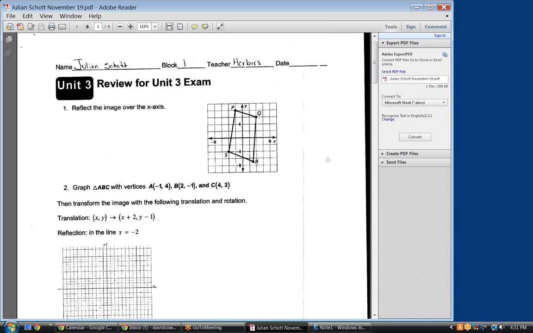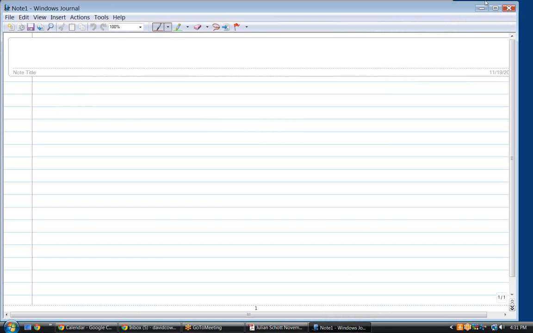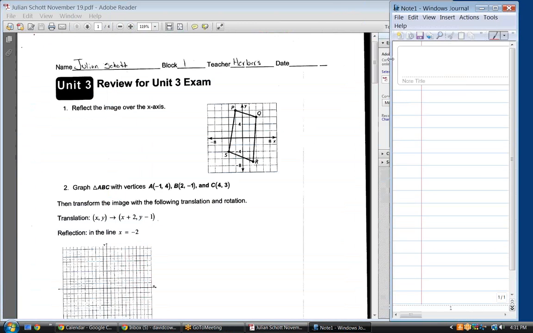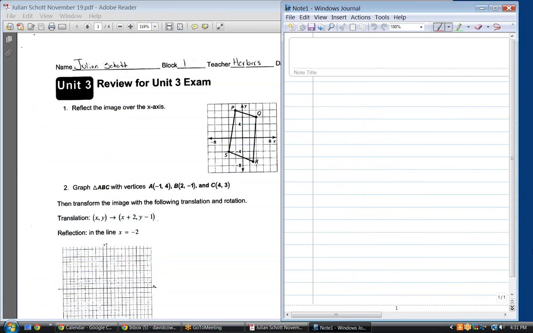Just right here on number 1. When they talk about reflecting an image over the x-axis, it's basically reflecting a series of points.